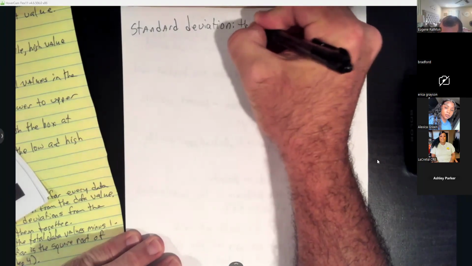But y'all, the standard deviation is the single number most commonly used to describe variation.